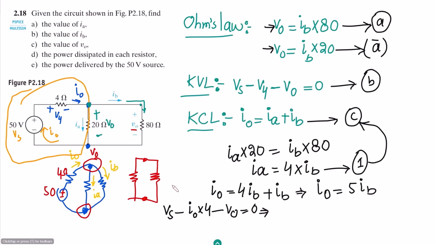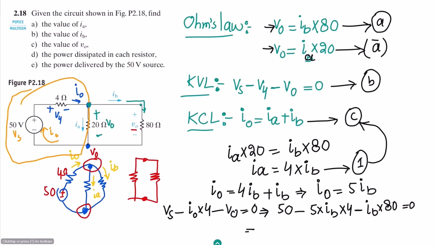Vs is 50 because the source voltage is 50 here, minus the value of I naught, 5IB, 5 into IB into 4, and the value of V naught, we can take any of these equations. Sorry, this is A. As IB is involved, let me take equation A here. So it will be minus IB into 80, and that is equal to 0.